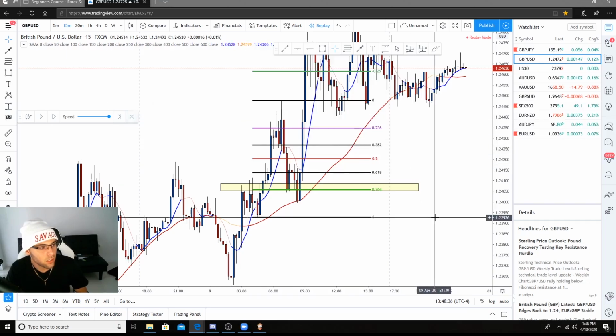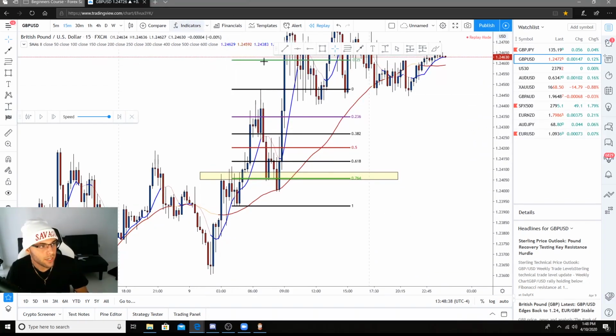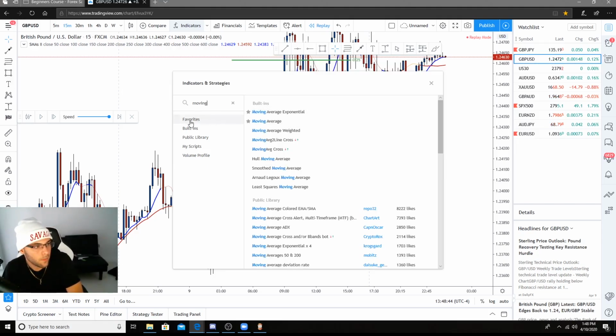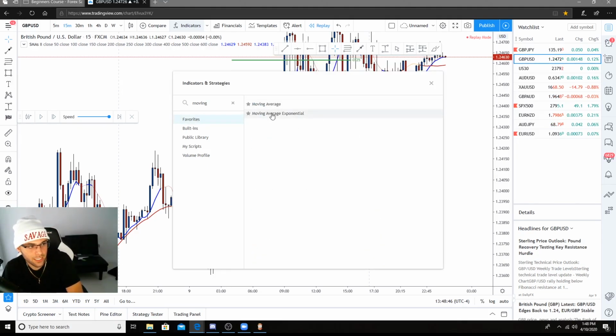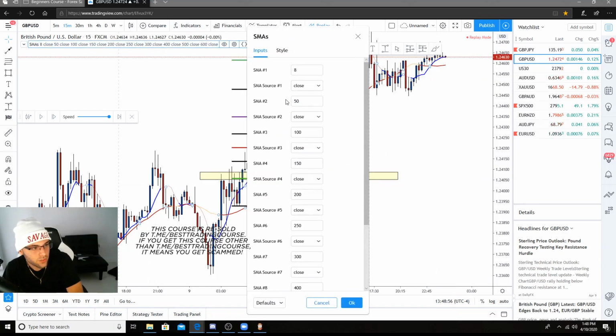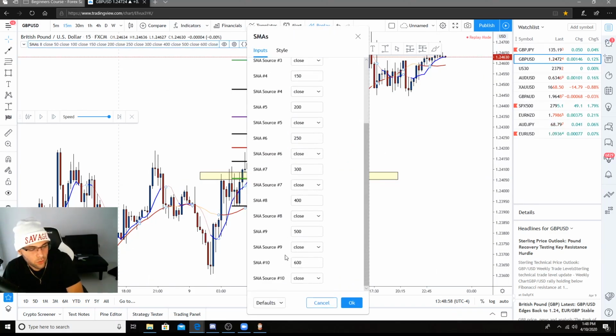Take mad notes. If you want to find the indicators, all you got to do is go to the indicators. You go to the moving average, and you'll see I have it already built in, and then it'll show up right here, and you should be good to go. Then you click on here, and you'll see that it'll show you 10 SMAs.